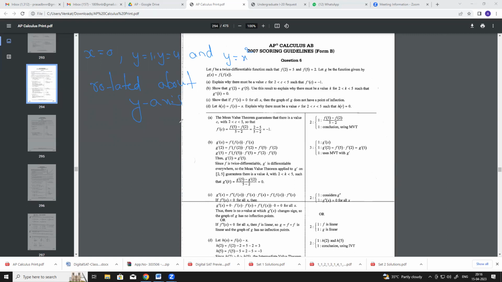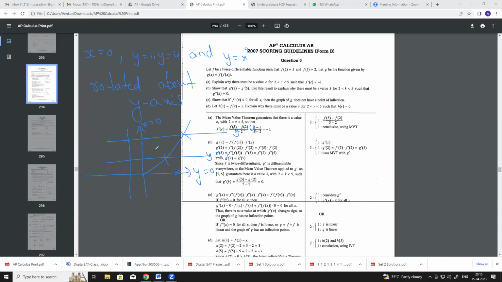First, draw the figure: x is equal to 0, y is equal to 1, y is equal to 4, and y is equal to x square. Sorry, this is x is equal to 1, right? So this is x is equal to 0, y equal to 0, y equal to 1, y equal to 4, y is equal to x square. This is the figure. Now rotate it about the y-axis.